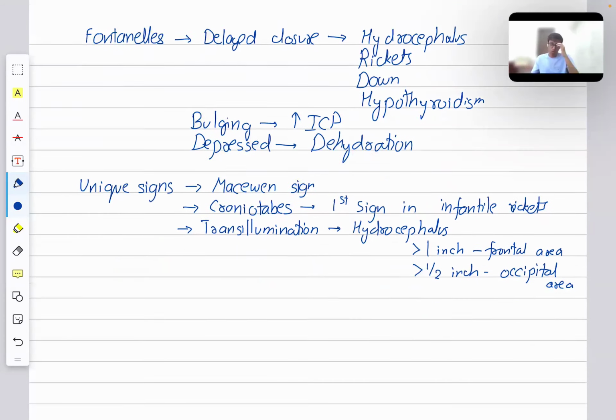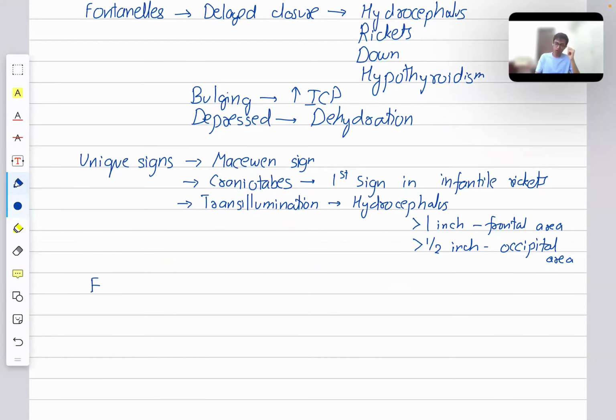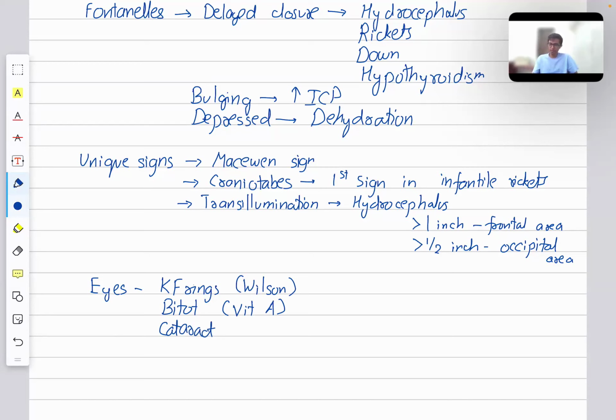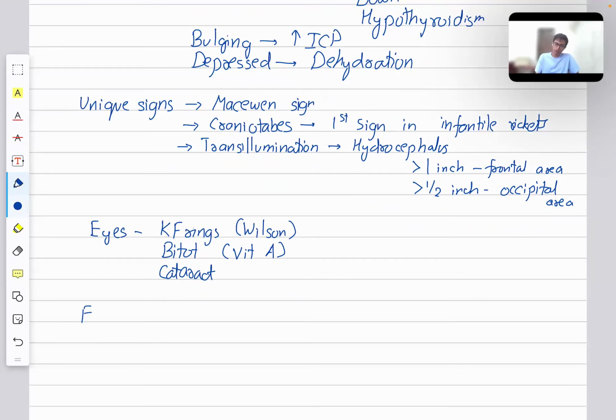What are certain abnormalities that you can expect in the eyes during head-to-toe examination? So you may see Kayser-Fleischer rings seen classically in Wilson disease. You can see Bitot spots in vitamin A deficiency, or you may see a congenital cataract. What are the abnormalities you can expect in the ear?